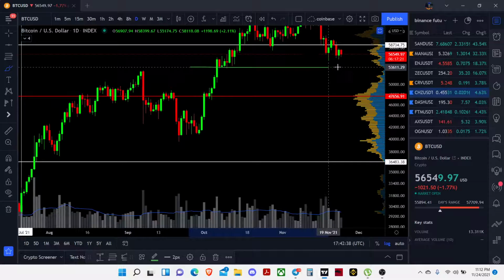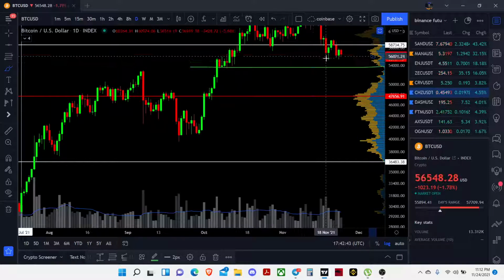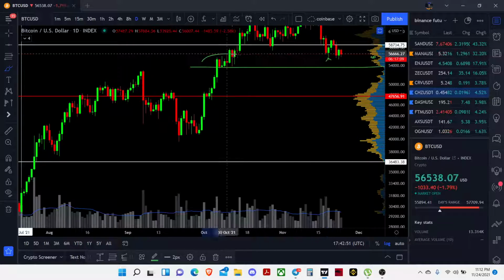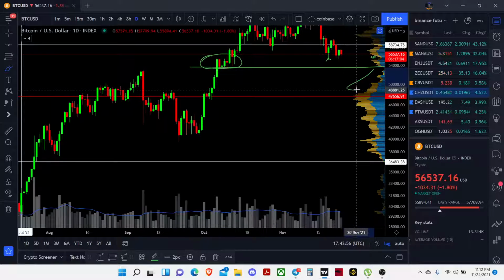Here we have a little liquidity void, so that's why this week came here. In the next case, if we break that 53,000, this area is completely a liquidity void, until we reach the POC.